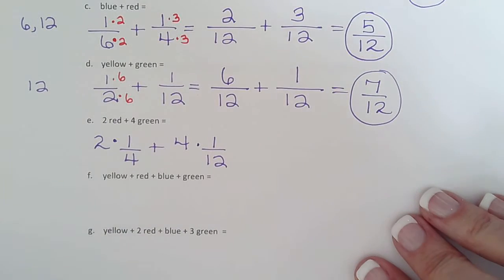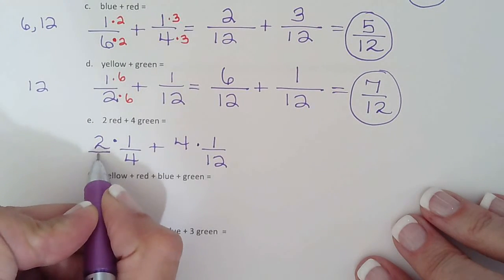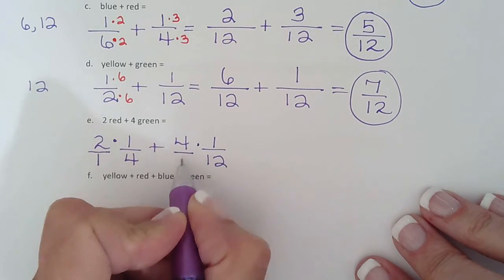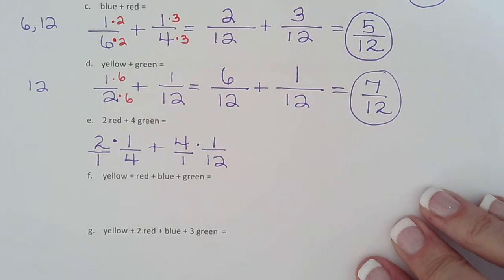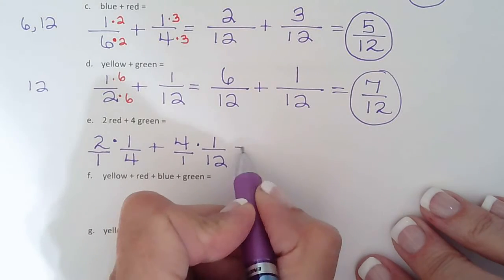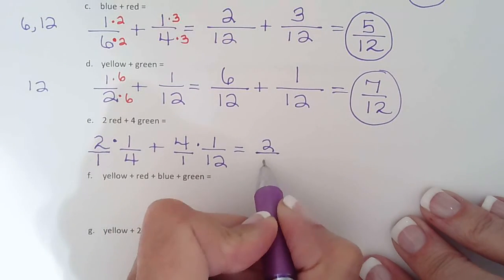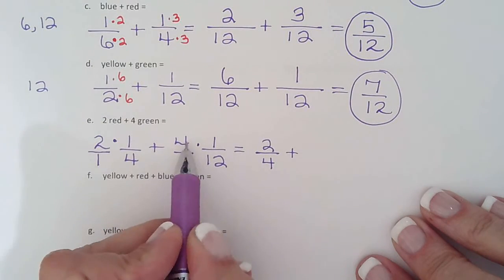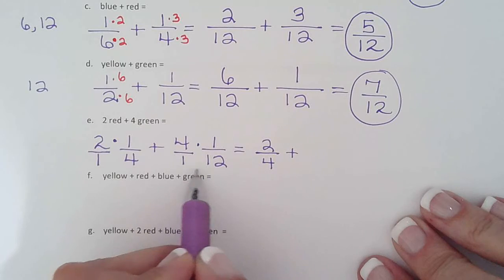So when you're multiplying fractions, and we have a section on this coming up, you multiply straight across. So if there's no number underneath, if it's a whole number, just put a 1 and then straight across. 2/4 plus 4/12.